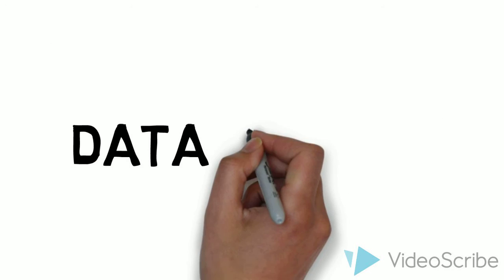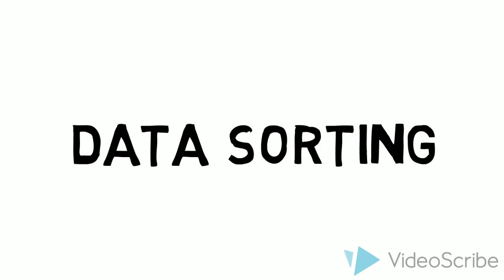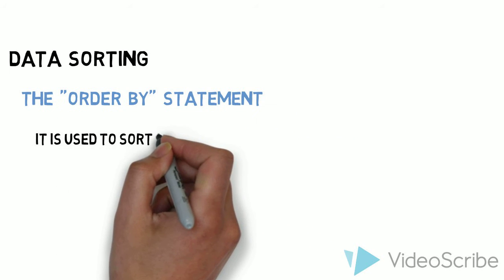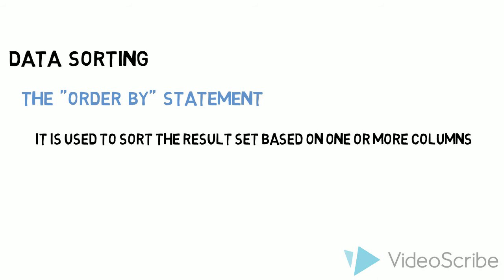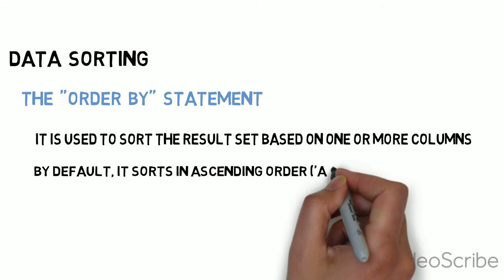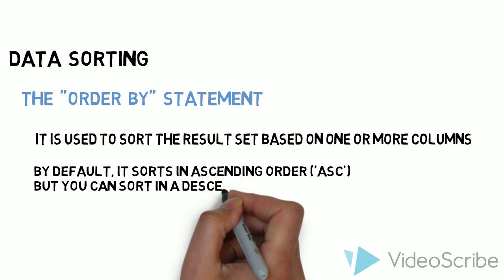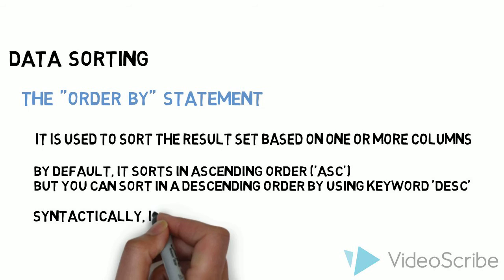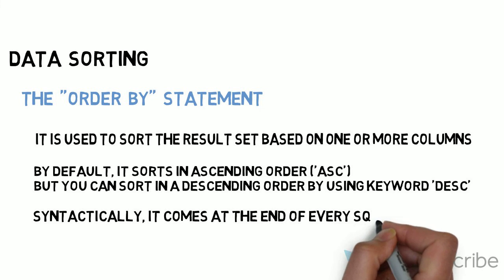Next up, data sorting. And this can be done using the order by statement. It is used to sort the result set based on one or more columns. By default, it sorts in ascending order, but you can also sort in descending order by using this keyword. Syntactically, it comes at the end of every SQL statement.